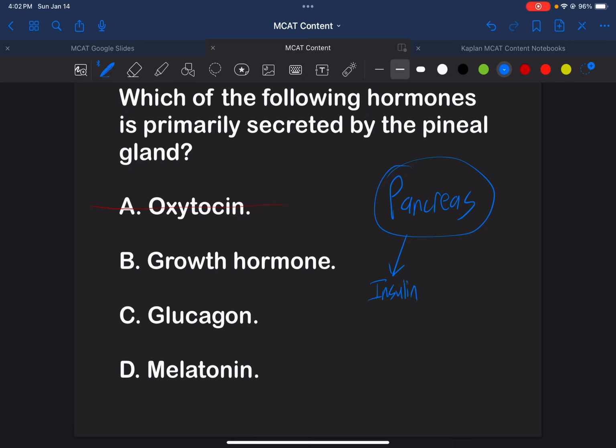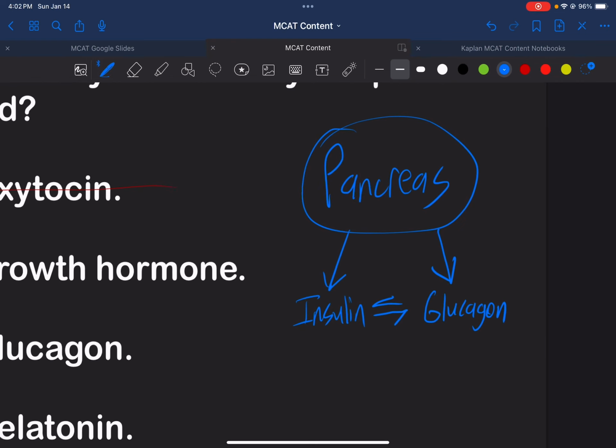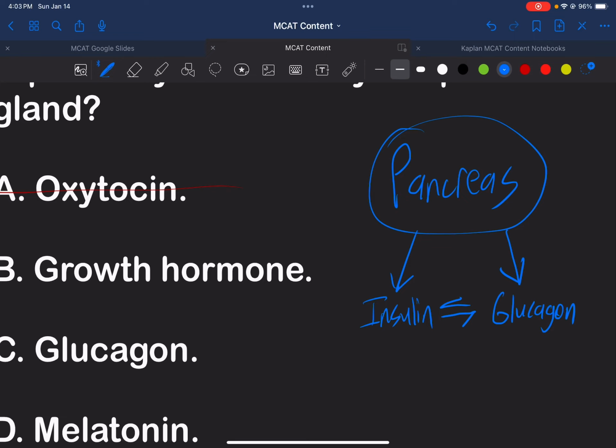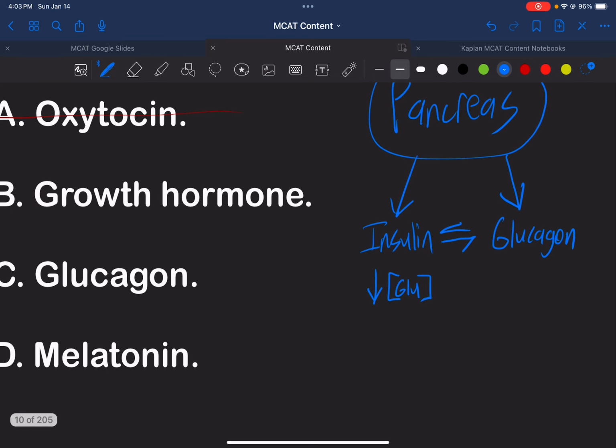Understand that insulin is in a back and forth dance with another hormone, which is glucagon. So insulin causes our cells to take up glucose more readily. In other words, it lowers our serum concentration of glucose. And glucagon, probably, you guessed it, does the opposite.